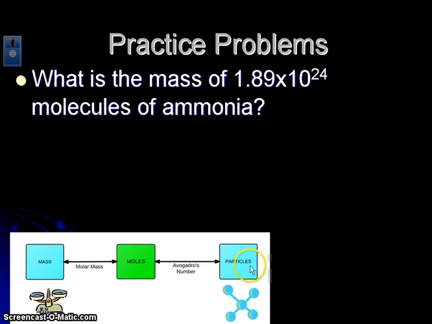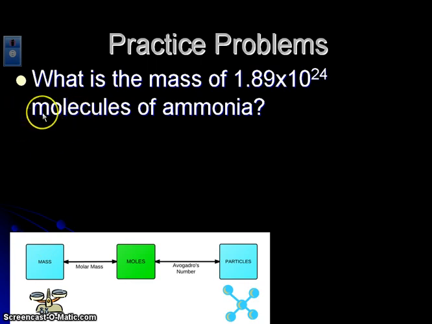In the problem, we're being given molecules, which are particles. We can use our conversion factor with Avogadro's number to convert from particles to moles. Once we have the number of moles, we can use the molar mass as a conversion factor to find out the mass of ammonia. So let's set that up.